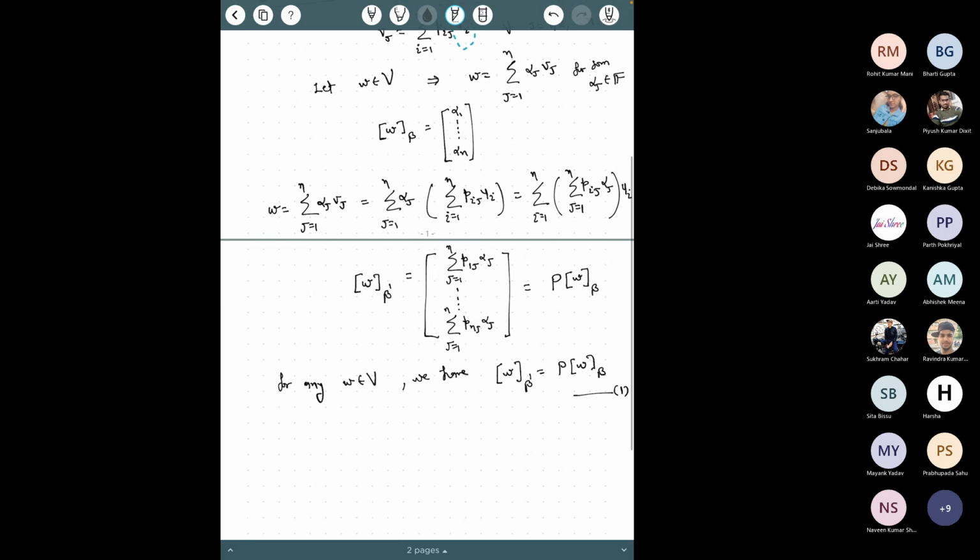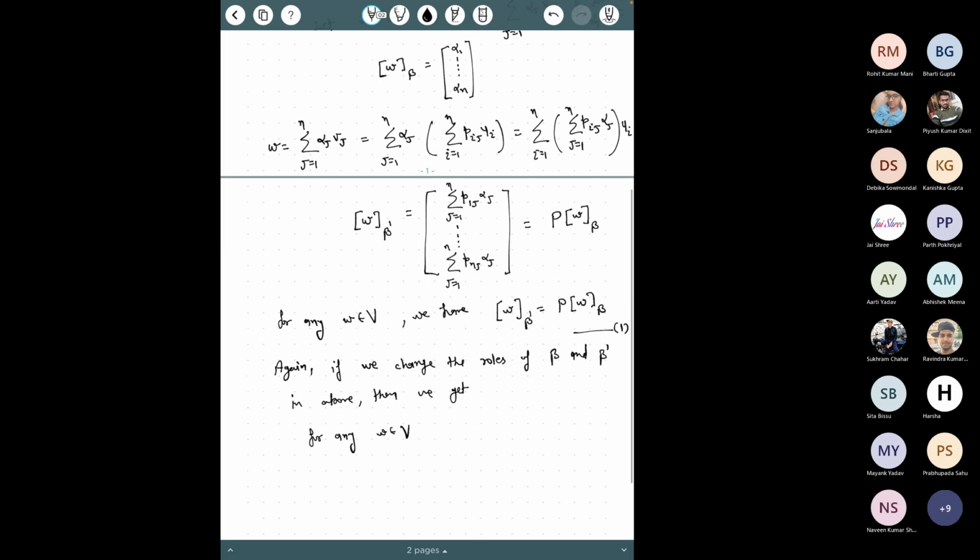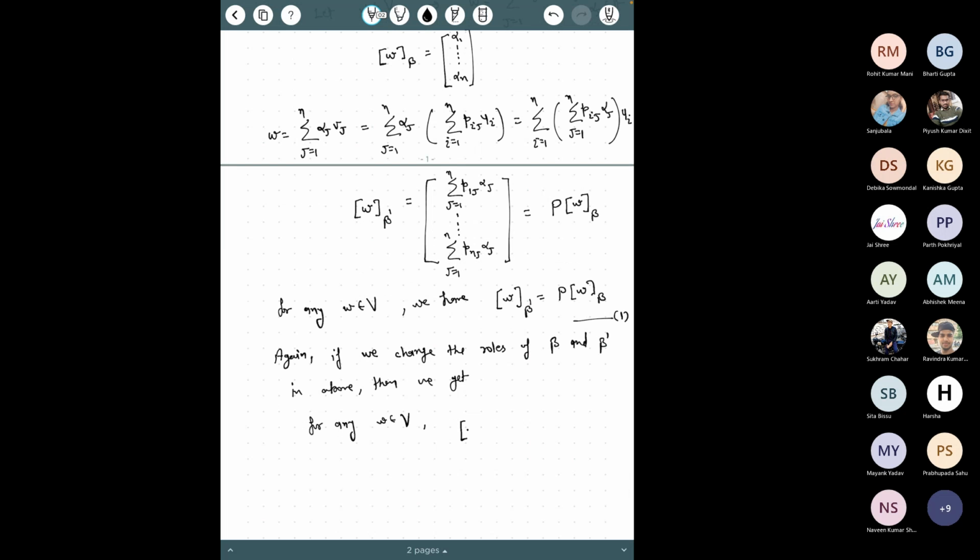If we change the roles of B and B dash in the above, then we can say that for any W in V, the matrix of W with respect to B is equal to some matrix, let's say Q, times the matrix of W with respect to B dash.